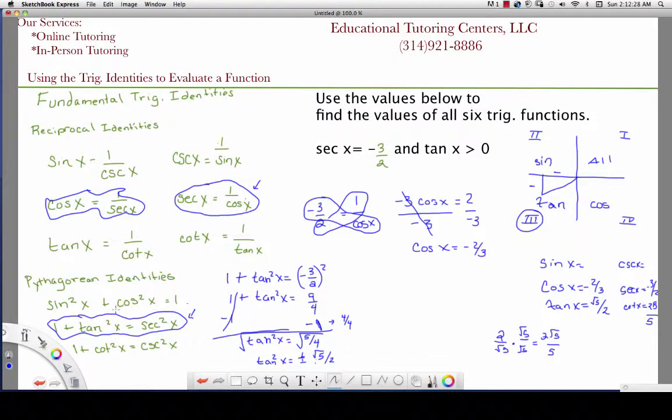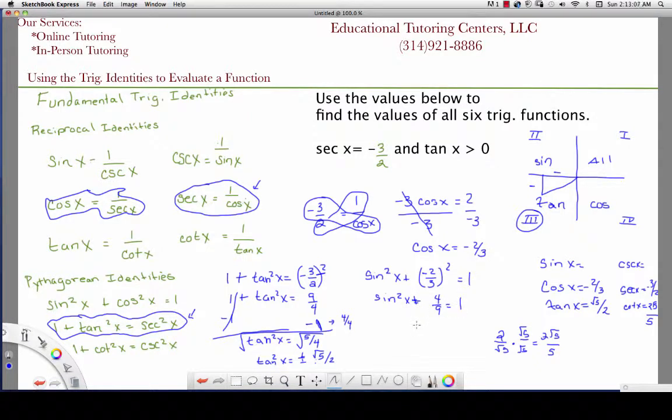So I could take my value here for cosine and substitute it into this first Pythagorean identity and solve for my sine. So I'll say sine squared x plus cosine squared, which is negative 2/3 squared, is equal to 1. And so sine squared x plus 4/9 is equal to 1.